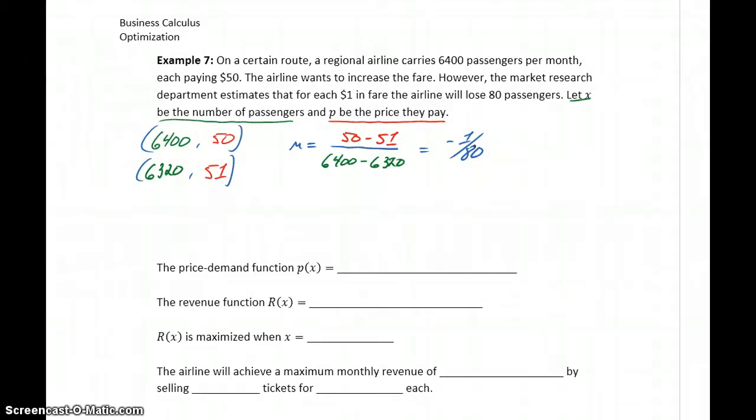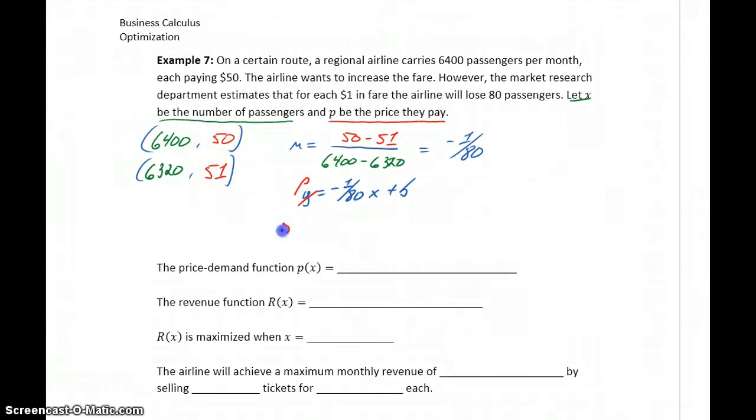So now we can set up something in that general slope-intercept form. So y equals mx plus b. In this case we have negative 1 over 80 as our slope. So we have y equals negative 1 over 80 x plus b. We could replace y with p in this case, just for that consistency of the variables. So what we'll do is plug in either of our values for p.